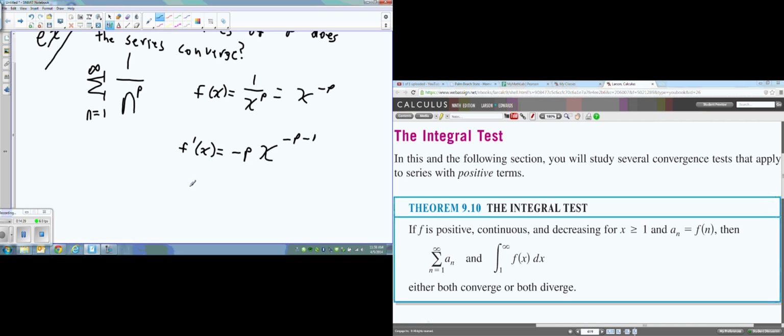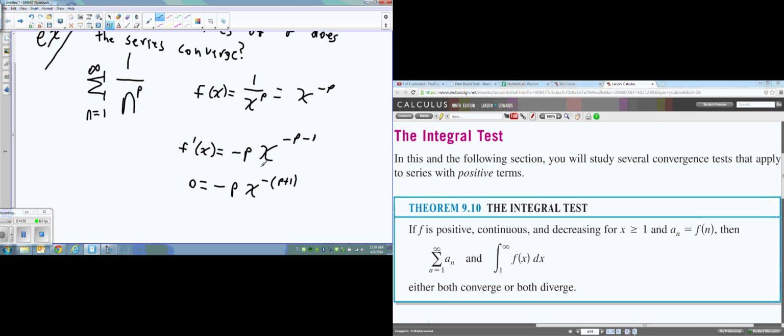And to find the critical values, I would set this equal to 0. So negative p, and then let's write this as x to the negative p plus 1 power. Let's factor out the negative 1 there. All right, so here we have the derivative set equal to 0.